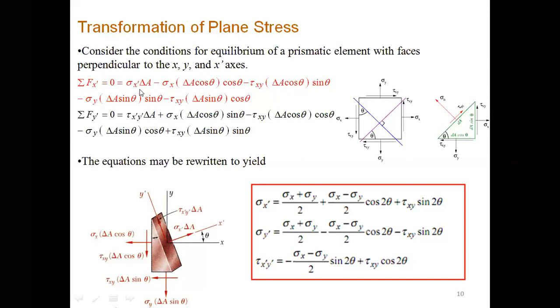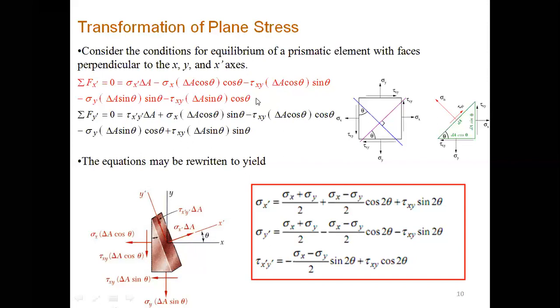So this would be positive. And the cos component of this normal component, it is negative. So we have already resolved this. So just write this. And similarly, the cos component of the tau xy, which is along x prime, so we would get this equation.